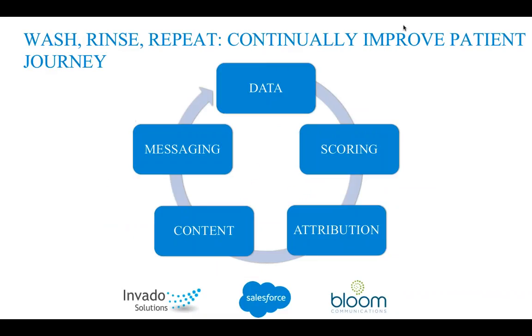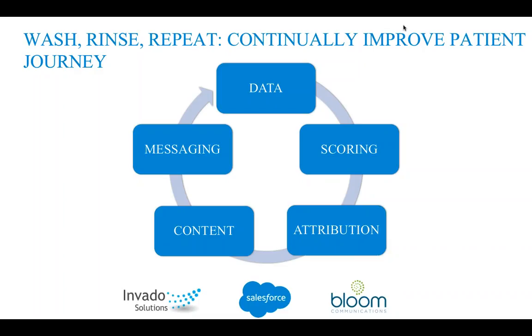And then, now that you've got all this data, it can be either overwhelming or it can inform your campaign. So what we recommend doing is, wash, rinse, repeat. Continually use this data to improve the patient journey and your conversion rates. So, look at both what is working and what's not working, and look at these things over time too.